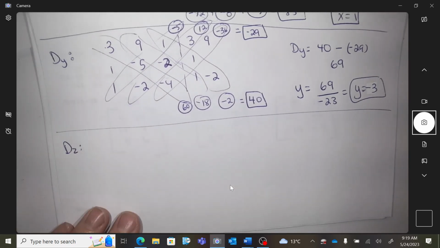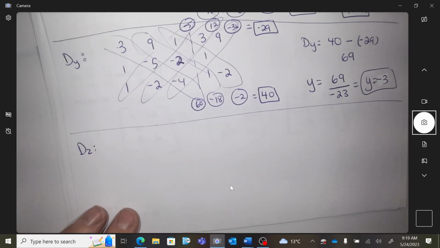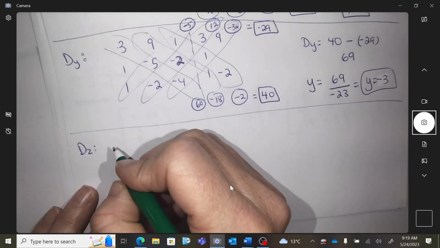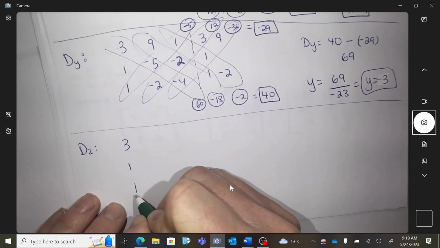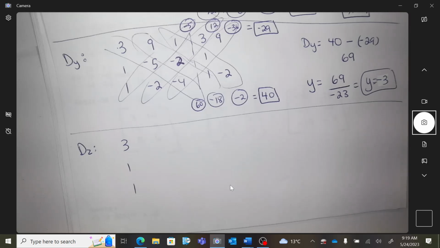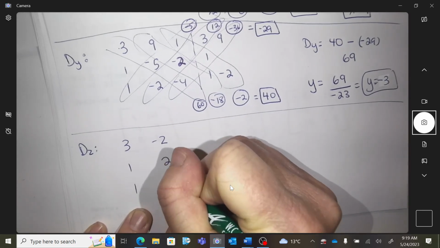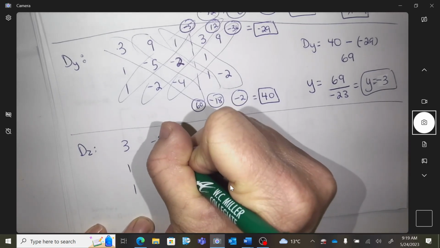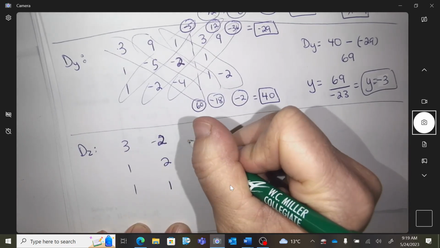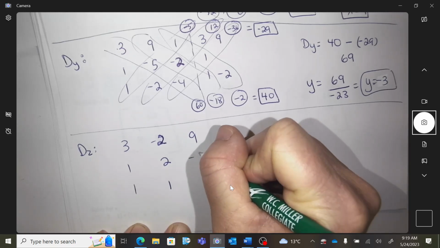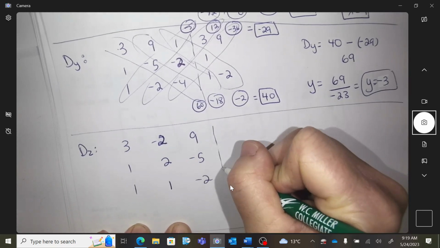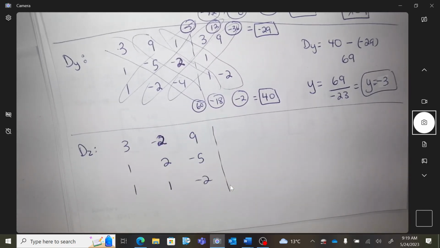Okay, last one. So 3, 1, 1 is the x originals, -2, 2, and 1 for the y's. This time replace the z column with the 9, -5, and -2.